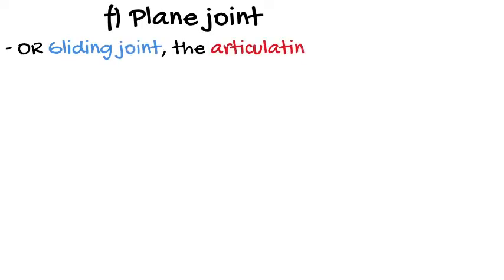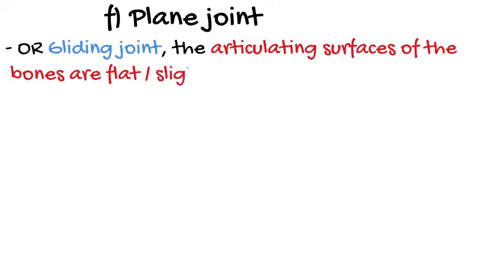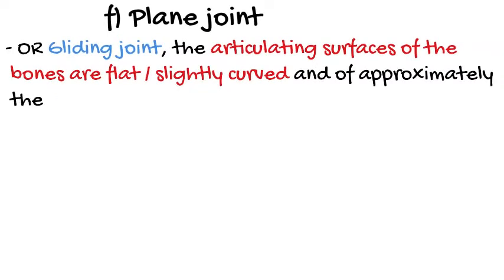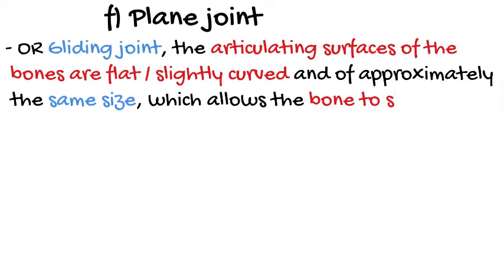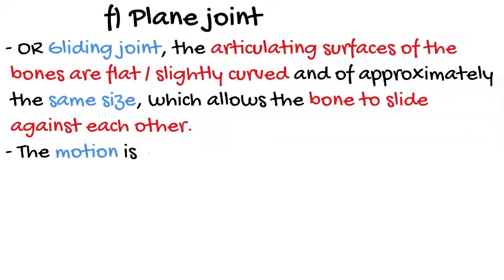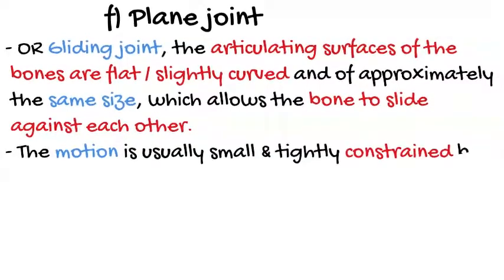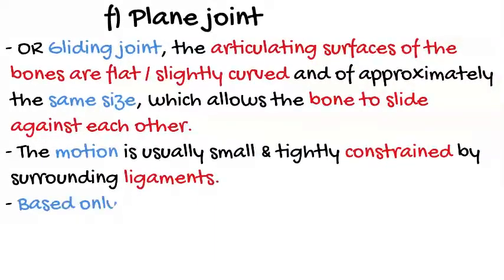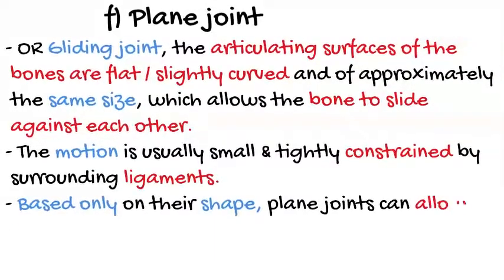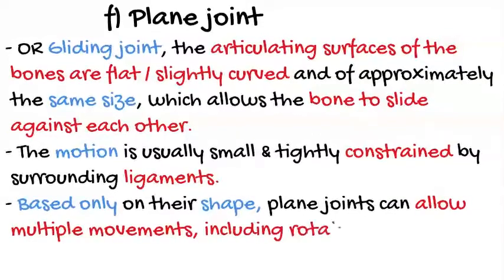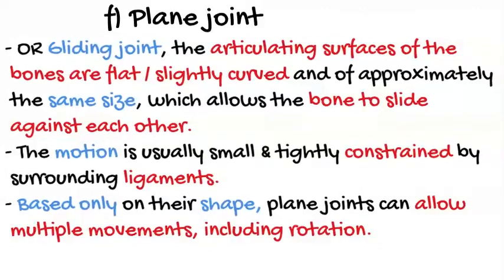And finally, F, regarding the plane joint, also known as gliding joint. The articulating surfaces of the bones are flat or slightly curved and of approximately the same size, which allows the bones to slide against each other. The motion is usually small and tightly constrained by surrounding ligaments. Based only on their shape, plane joints can allow multiple movements, including rotation.